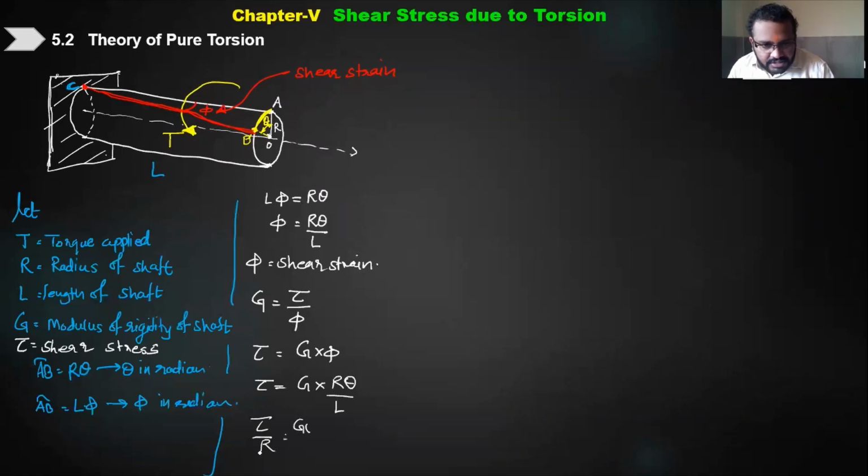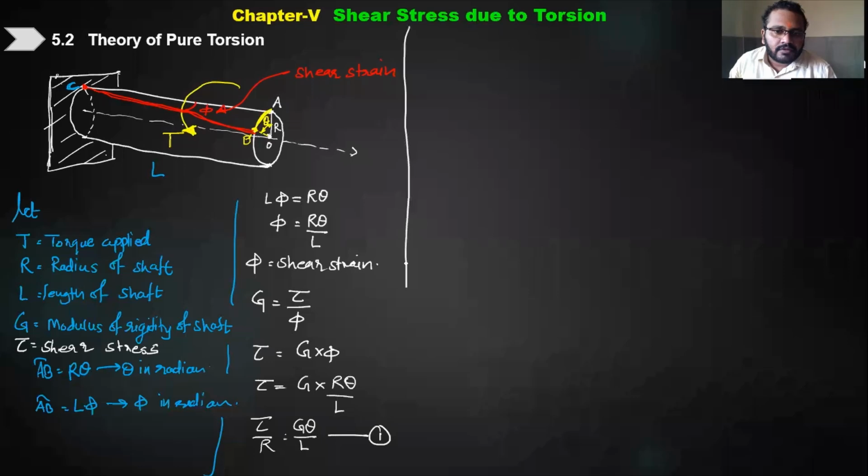It will be G theta by L. ठीक है? Let us say this is my equation 1. So tau by r is equal to G theta by L, and that is equation number 1.